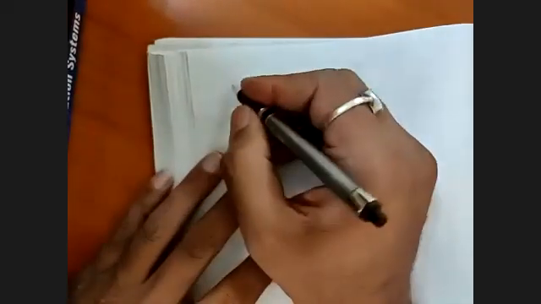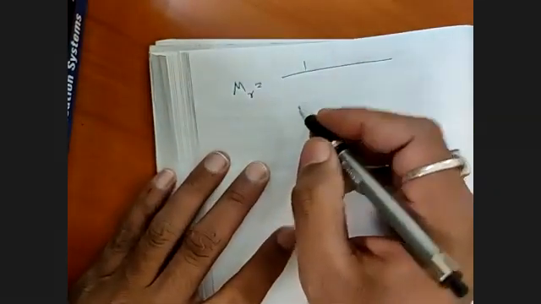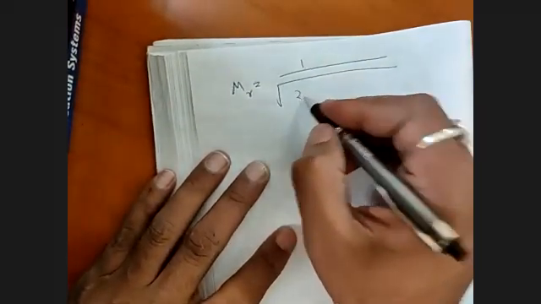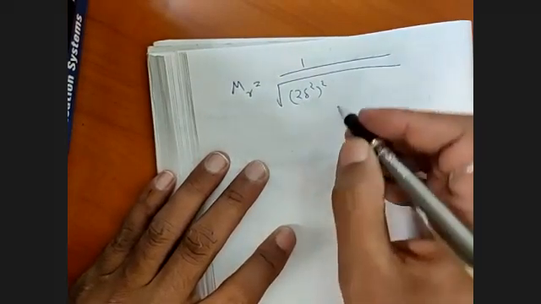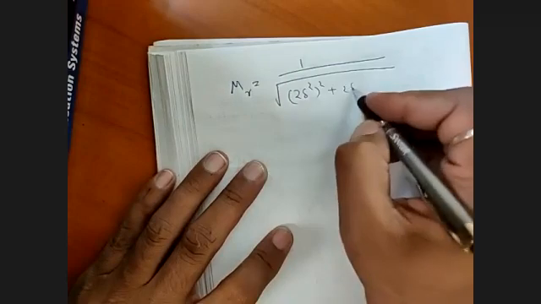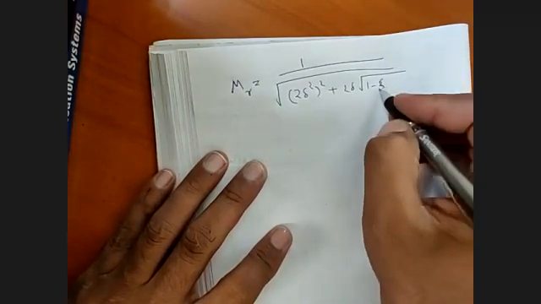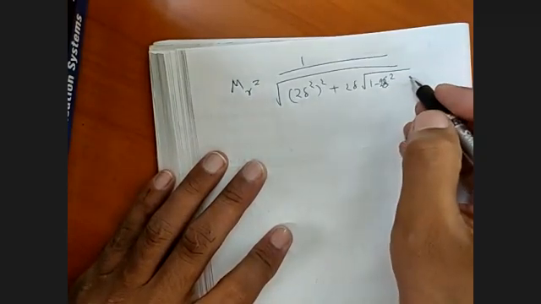So we get MR equal to 1 upon under root 2 del square का whole square plus 2 delta under root 1 minus del square 2 del square का whole square.